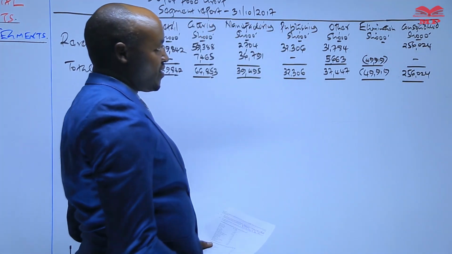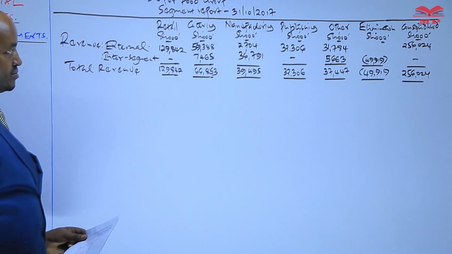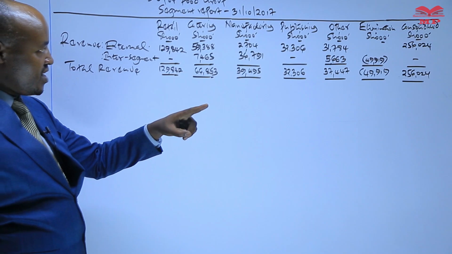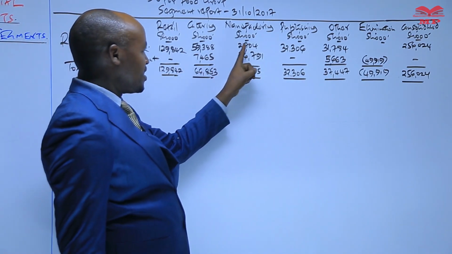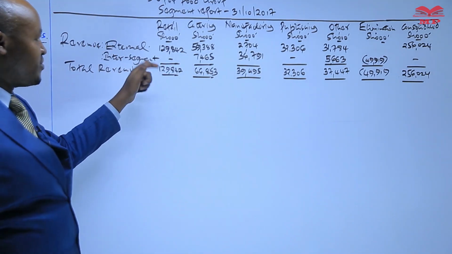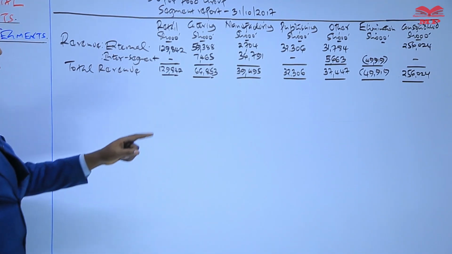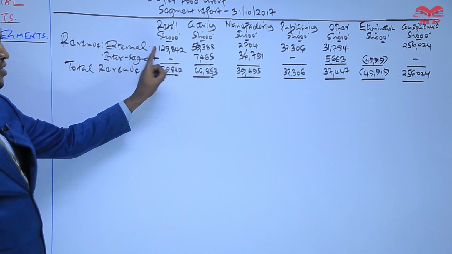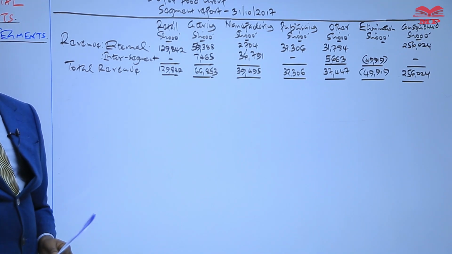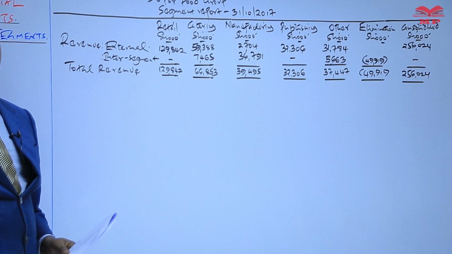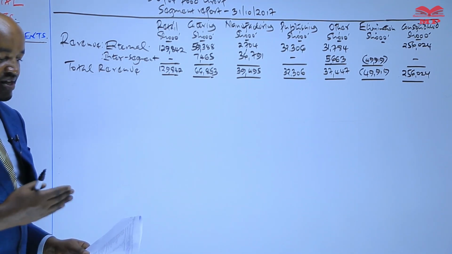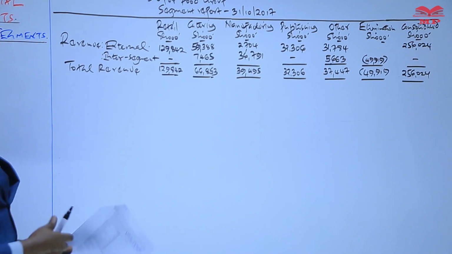In terms of how that revenue was generated, it was generated from these 5 segments: retail, catering, manufacturing, publishing, and others. And from the information in our segment report, you can see retail is the one which generated a lot of revenue. This information is very important to the shareholders and to the management of the company, because they can know how the figures included in the financial statement were arrived at.